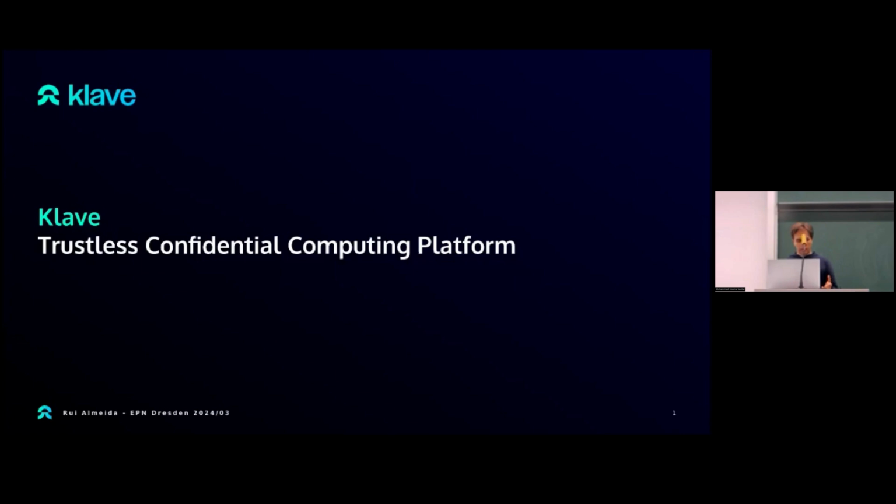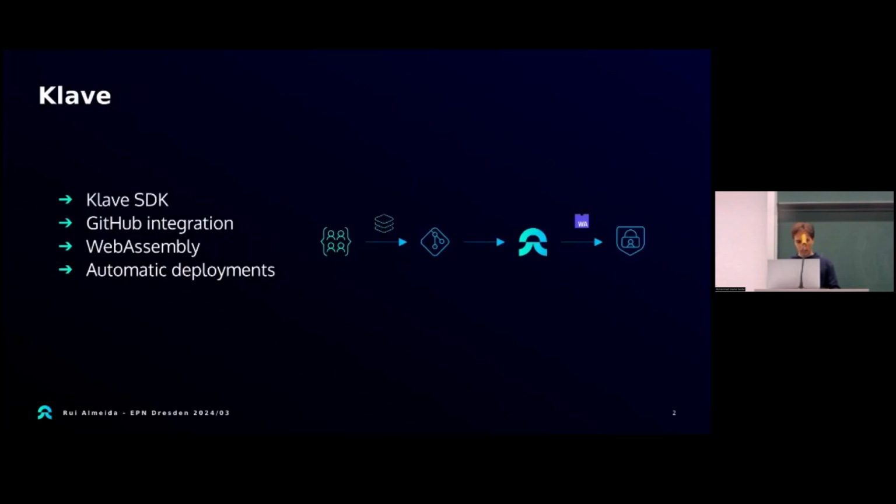So starting with Klave, Klave is a trustless confidential computing platform, and trustless means that you don't have to trust us, you don't have to trust Secretarium, you should be able to verify everything independently. Klave runs on Intel SGX, and it's a cloud platform, and our objective is to make it easy for developers to deploy their applications and leverage the power of confidential computing.